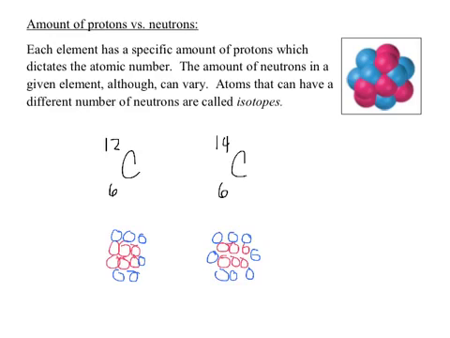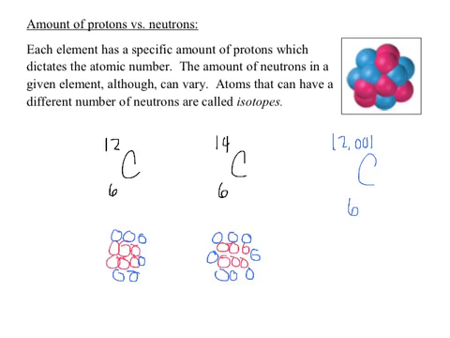Now, what you see on a periodic table is not an exact integer value for the mass. You'll see carbon 6 and then 12.001. And the reasoning is this. If you took all the carbon isotopes that exist, and the percentage of them that exist on the Earth, for example, maybe 80% of them are carbon-12.